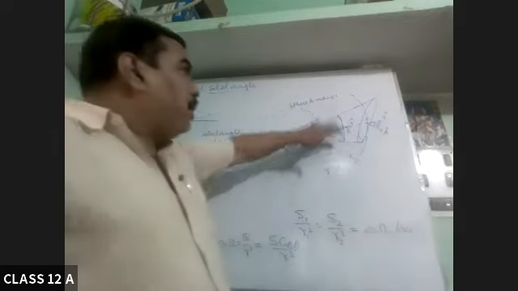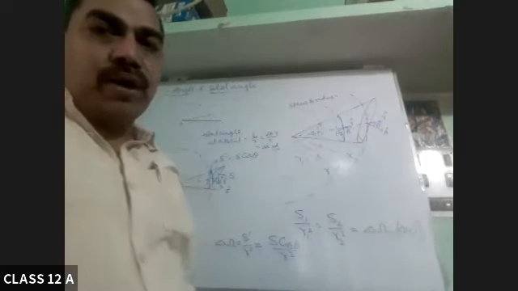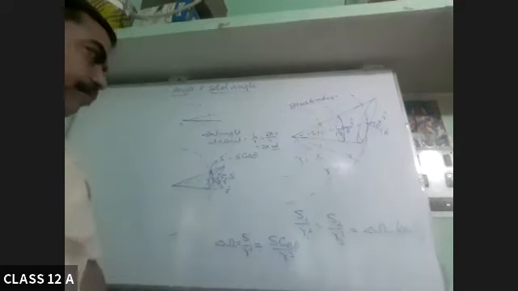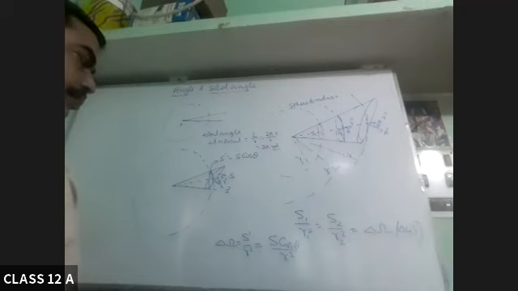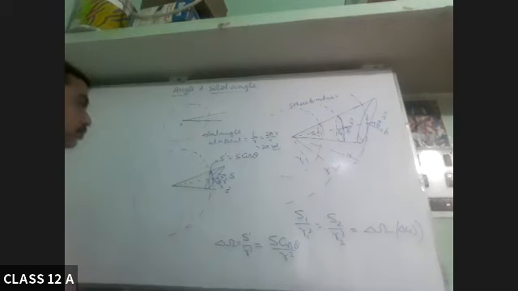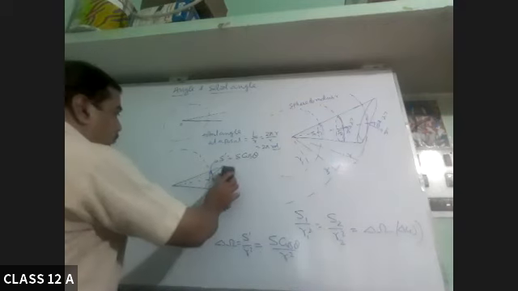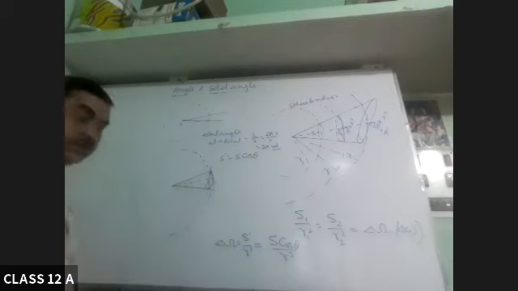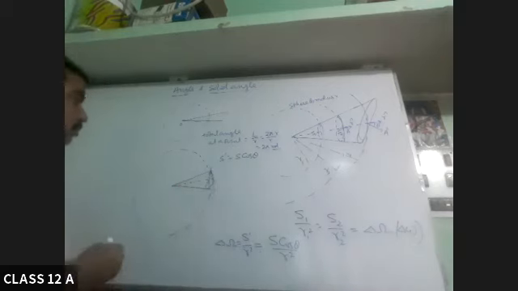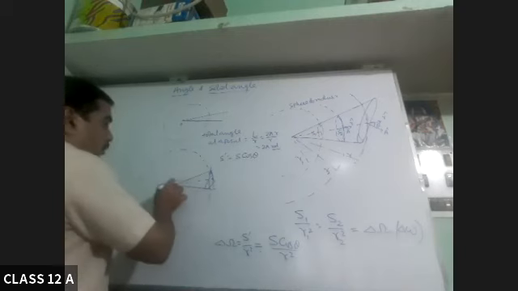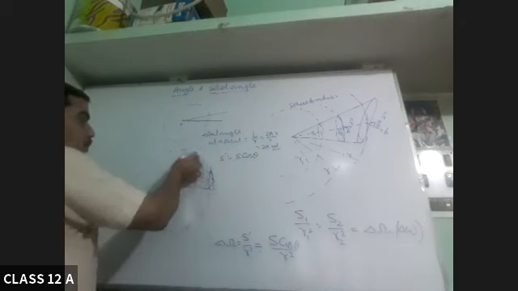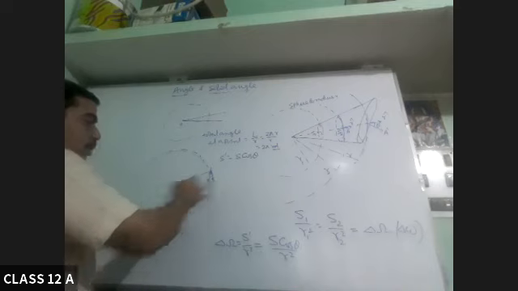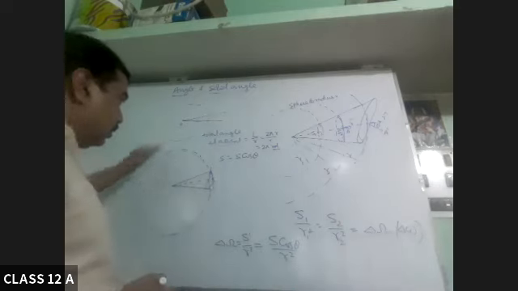Similarly, if we find the total solid angle at a particular point, what will it be? If we rotate this cone up to here, what will come? The whole sphere.